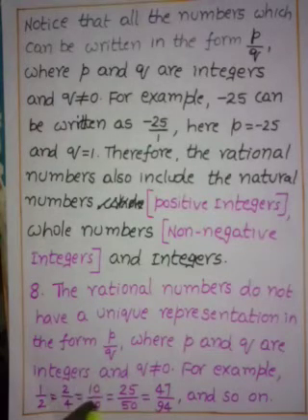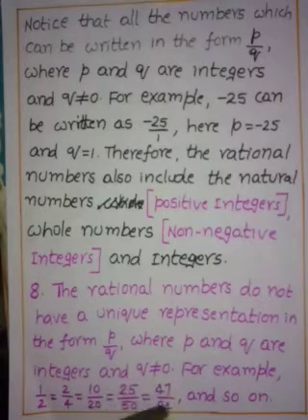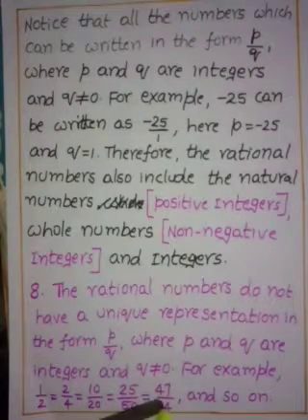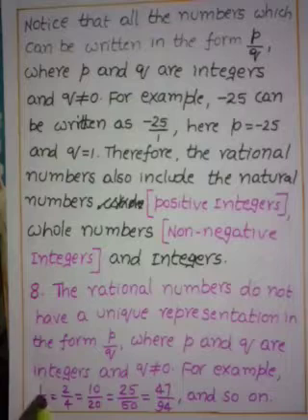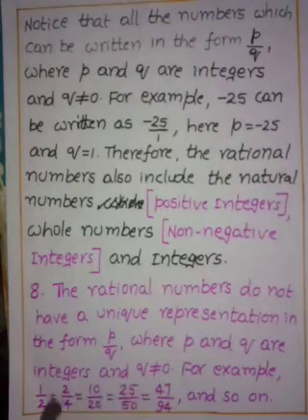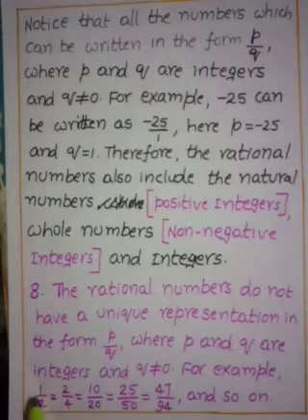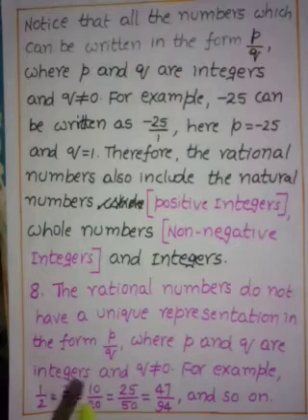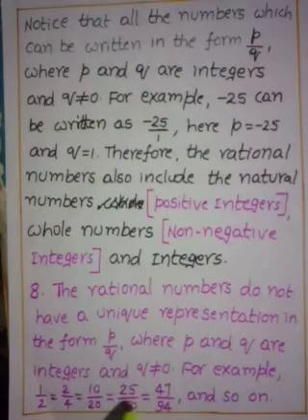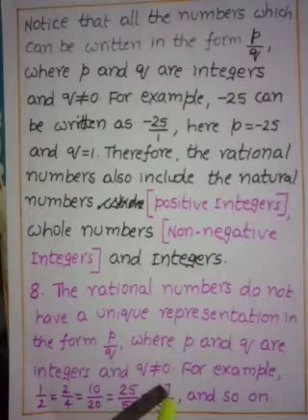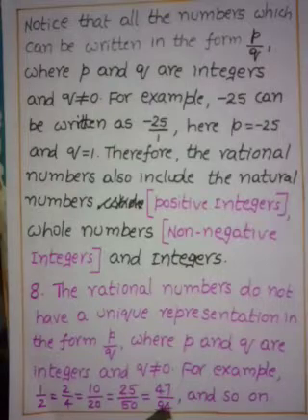If you simplify all these rational numbers, we get 1 by 2 only. Isn't it, my dear children? Therefore, this 1 by 2 is represented in different ways, like 2 by 4, 10 by 20, 20 by 50, or 47 by 94, and so on. Understood, my children? Right.